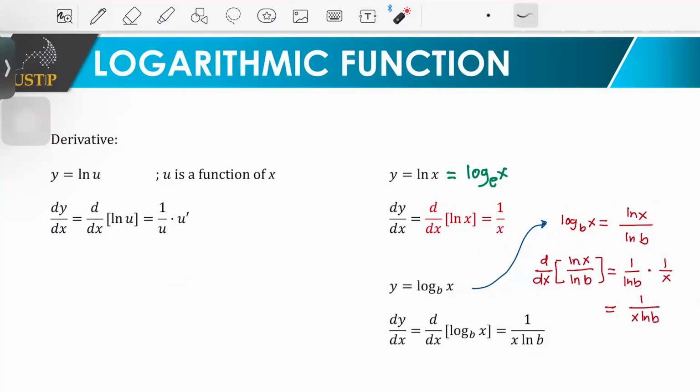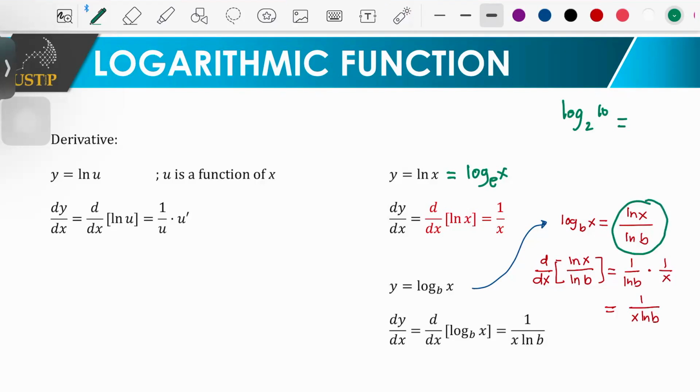So, I think you need to review the properties of logarithms. For example, if you have log of 10 to the base 2, relating it to this expression means ln x over ln 2, where x is 10, ln 10.